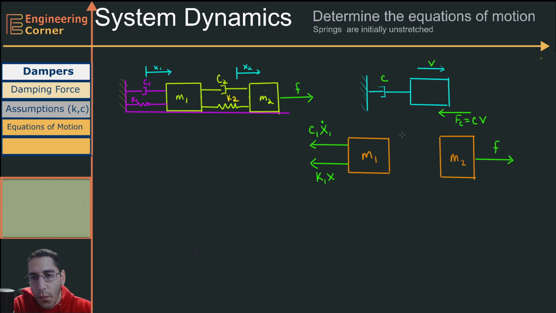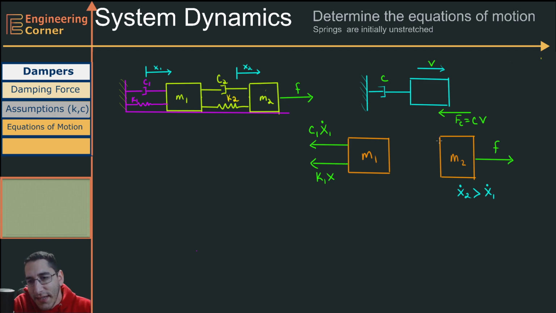Now, what's happening in the middle, we're going to make some assumptions, and this is how I work these types of problems. I make the assumption based off whatever I consider my leading block. I like the block that is having the force applied to it. So I want to say that x2 dot, the velocity of this block, is going to be greater than x1 dot. These can both be moving, just like the spring, but it's going to be that relative velocity.